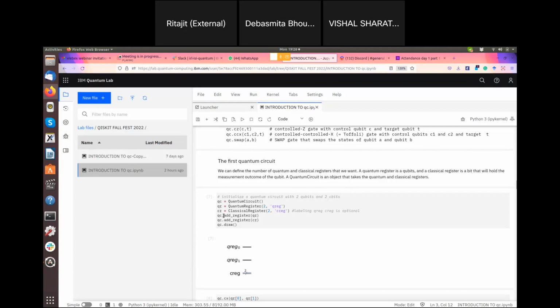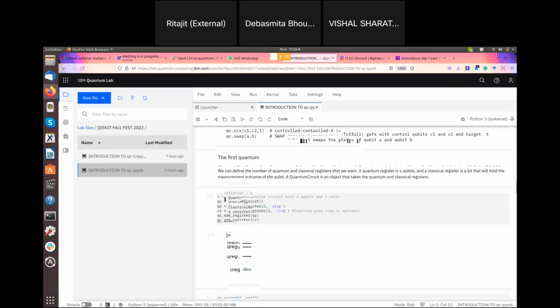And then you see dot add registers: these qr are added into the quantum circuit, and if you add register cr, then these classical registers are also added into the quantum circuit, and you draw it. So this is basically a blank circuit. We have not operated any gate, have not done any measurement or anything. This is the blank circuit.